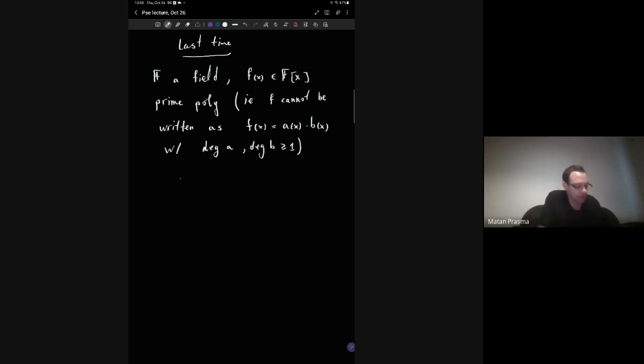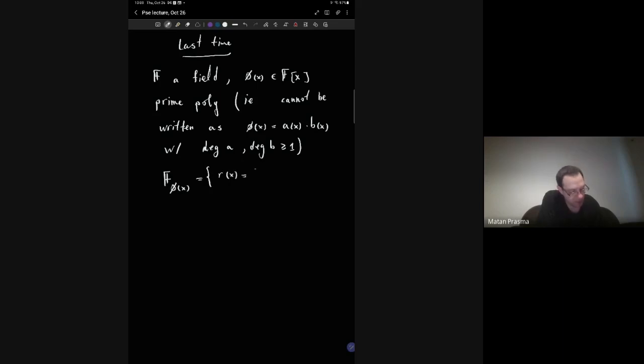And we looked at, we denoted it as F sub f of x. I guess in our notation last time, maybe it's better to keep it. We took phi for the prime polynomial, and then we defined F sub phi to be the set of all, you can call it remainder polynomials.